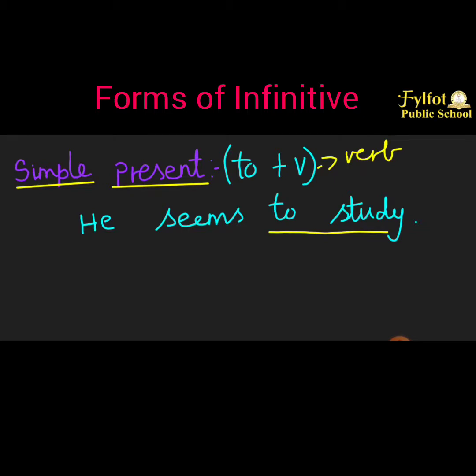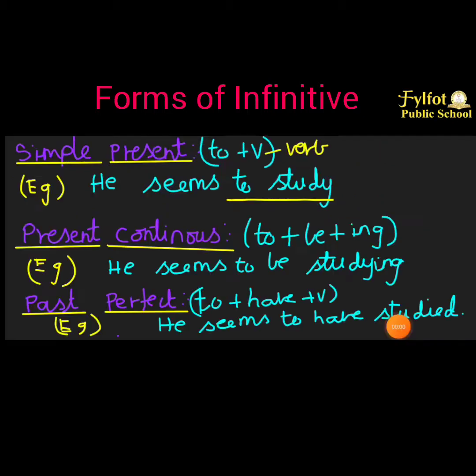Now let's see the present continuous form. So these are the forms of infinitives. We saw the simple present, adding to before the base form, and the example was he seems to study.